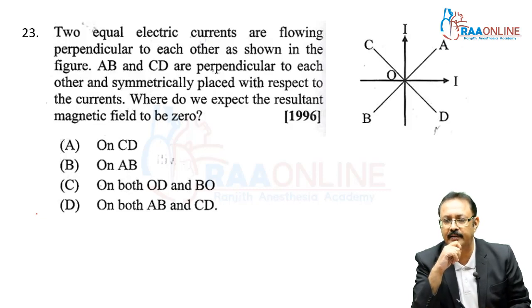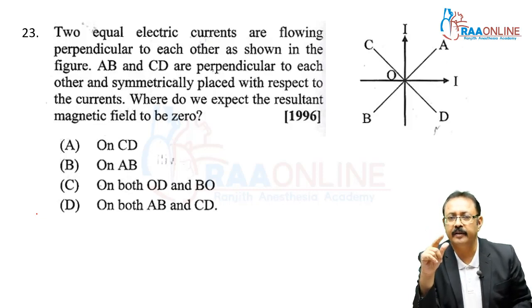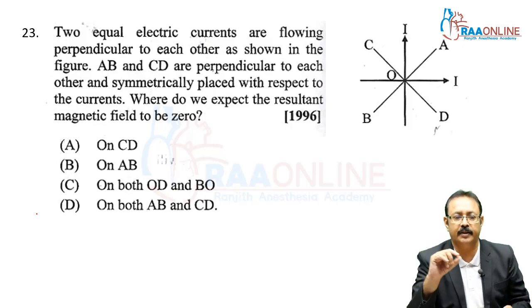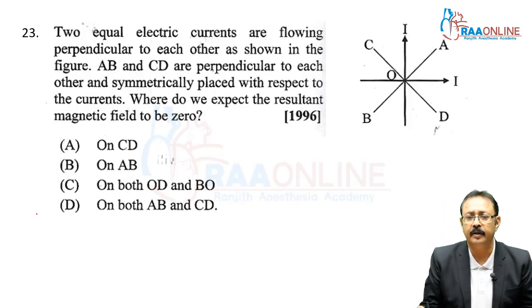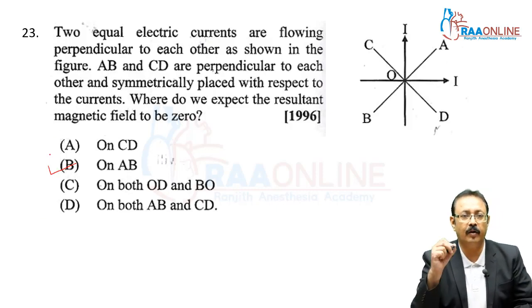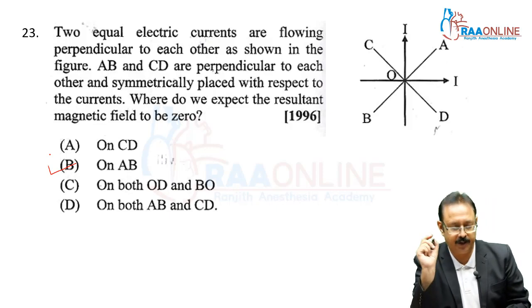They cannot cancel. So on AB, choose any point. Both magnetic fields are equal in magnitude and opposite in direction, so they will cancel each other. So on AB, you can expect the magnetic field to be 0, so we are going with B. Again only a game of directions.